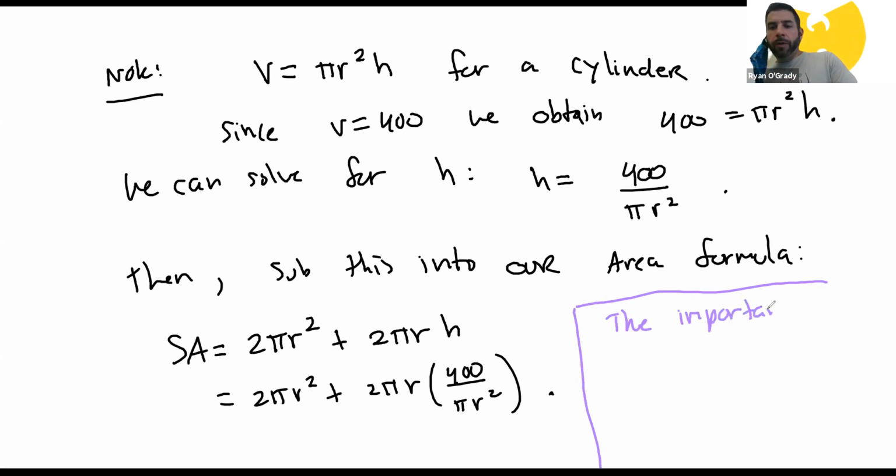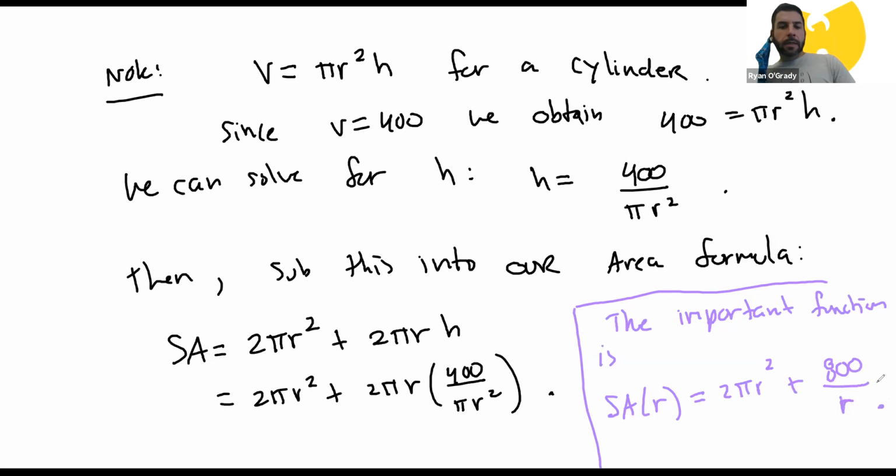So the important function is SA of r, which is 2 pi r squared plus 800 over r, because the pi's cancel and one of the r's cancels. So you need to study that function.